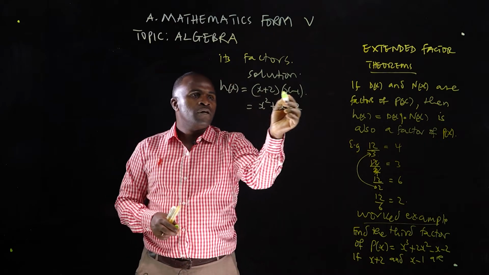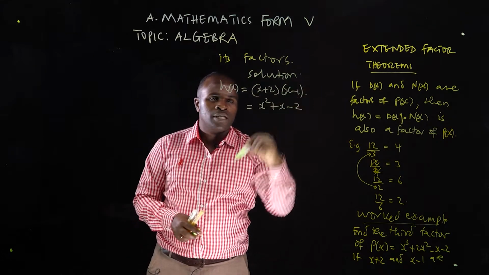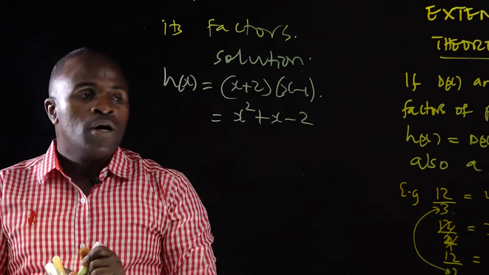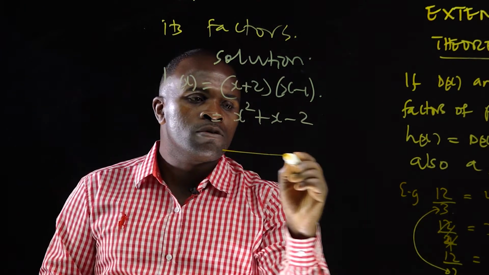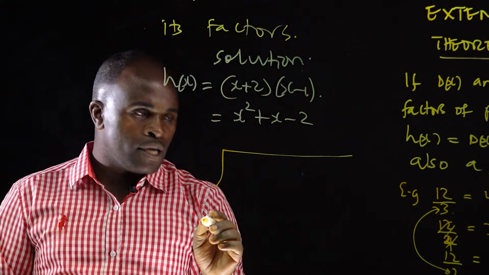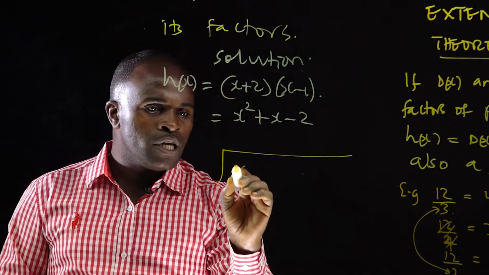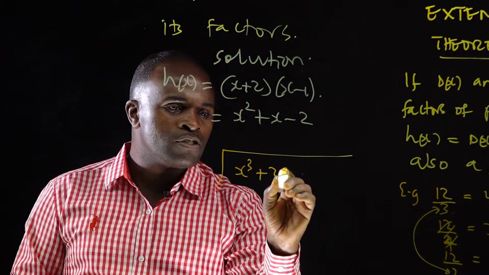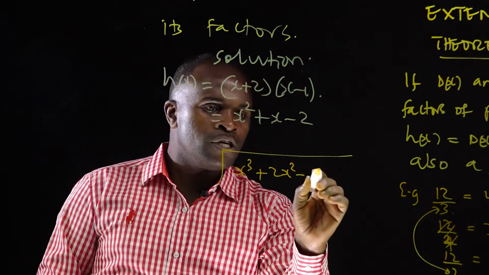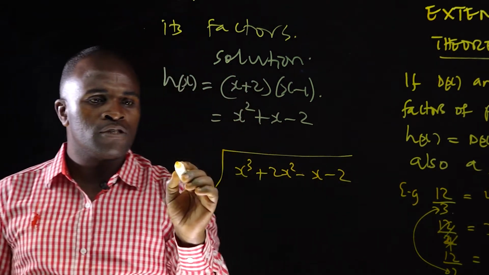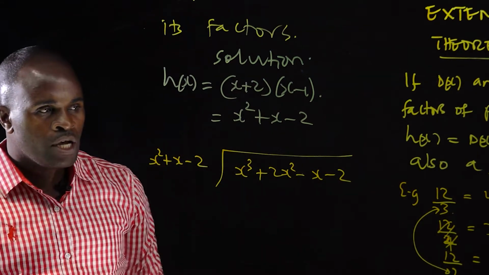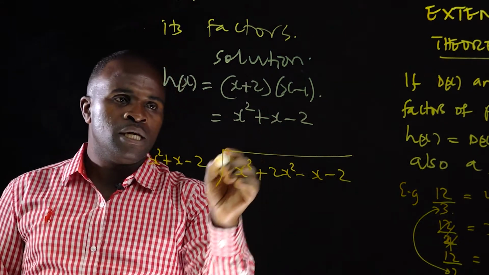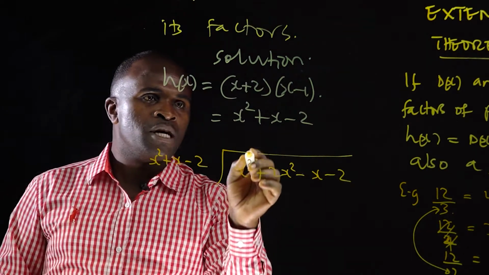So from there, to find the third factor, we simply perform long division, taking our function x cubed plus 2x squared minus x minus 2, and dividing by x squared plus x minus 2. Which term must be set here?